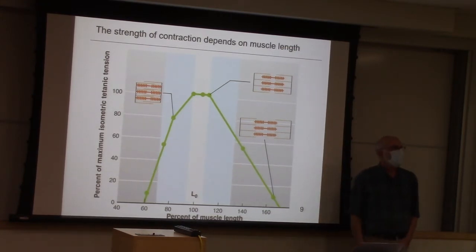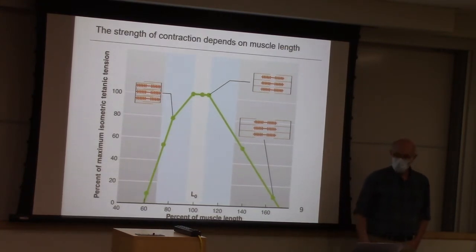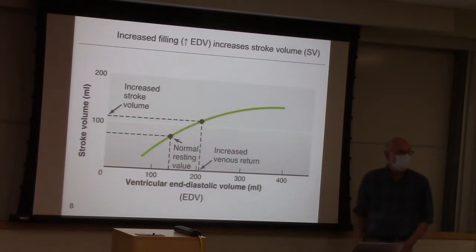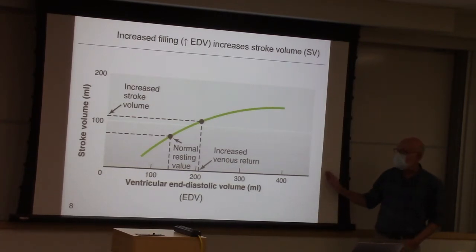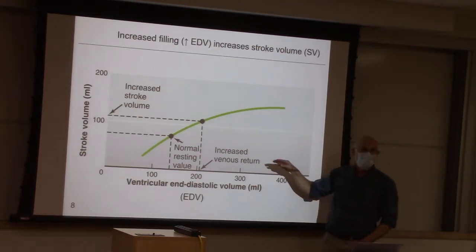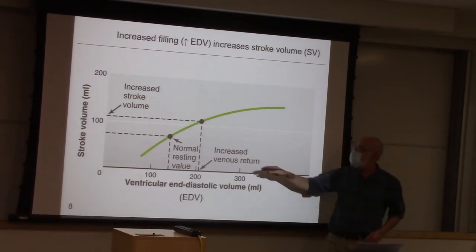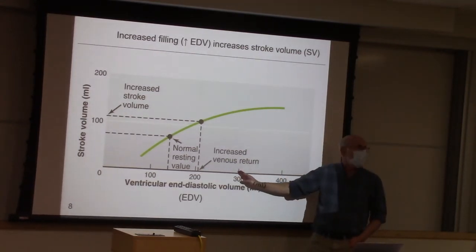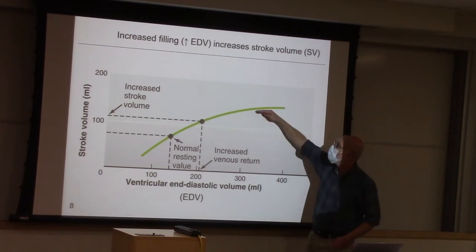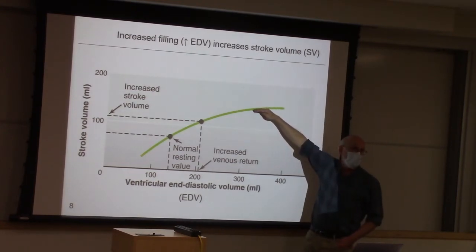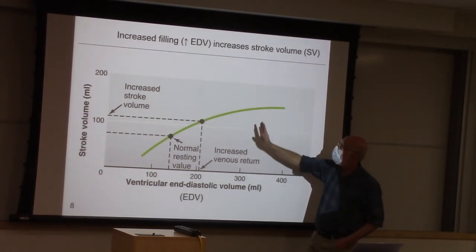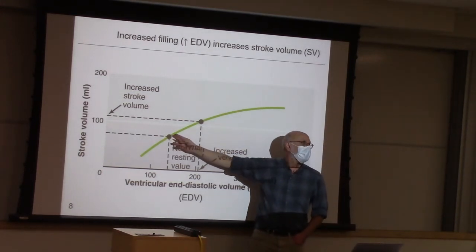The previous graph for x-axis had the end diastolic volume. Is that showing that when there's too much blood, it's stretching it too much, and that's why we plateau? Too much blood would be out here. Okay. So the point is we have reserve, we can stretch it more and generate more cardiac output because the perfect amount of stretching is actually quite a bit more than what we typically use.